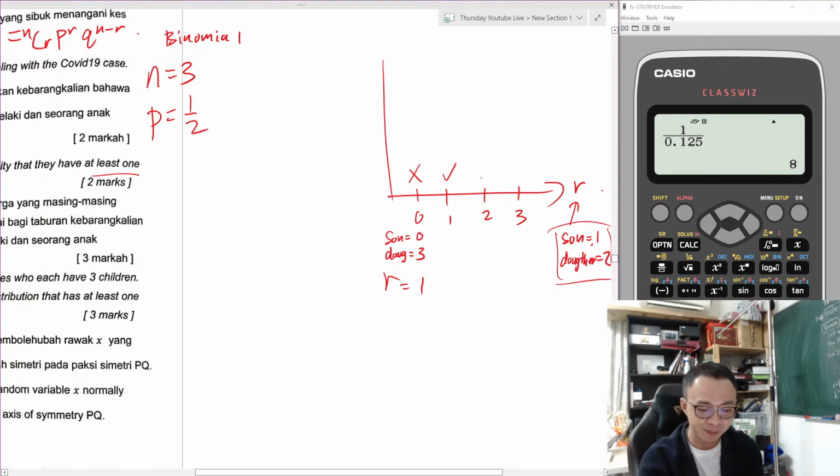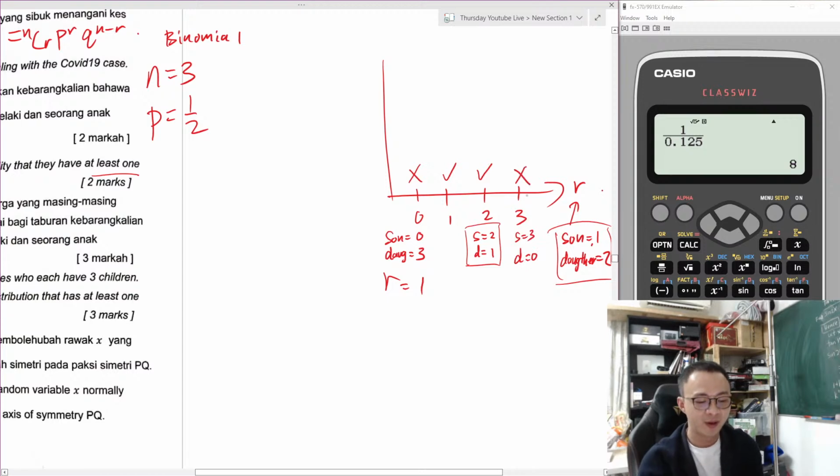How about 2? If son equals to 2, the daughter will be 1, because you have 3 children. Does this one fulfill at least 1 son and 1 daughter? Yes. How about son equals to 3? Then the daughter will be 0, isn't it? Does this one fulfill the condition? No.